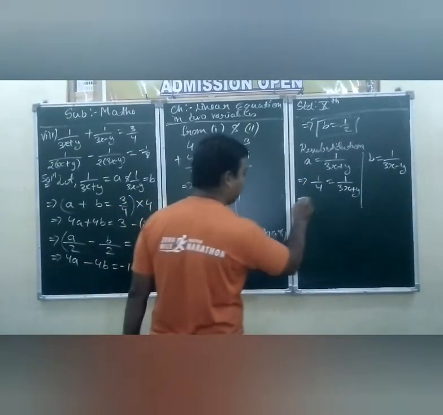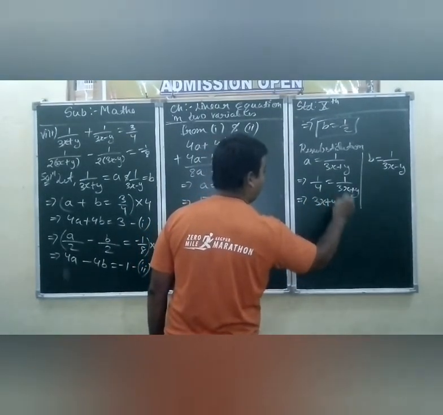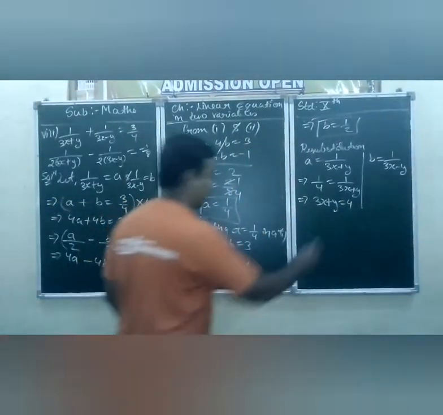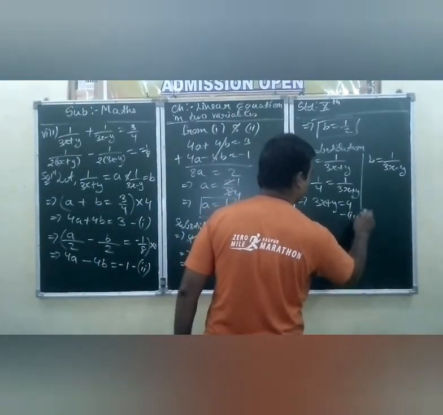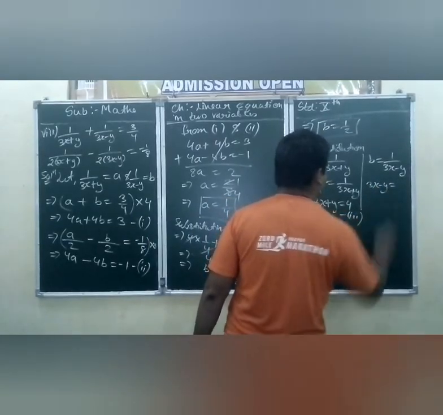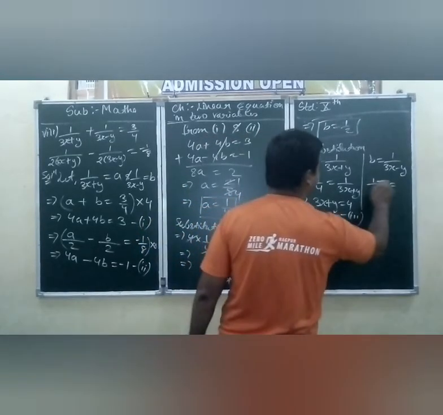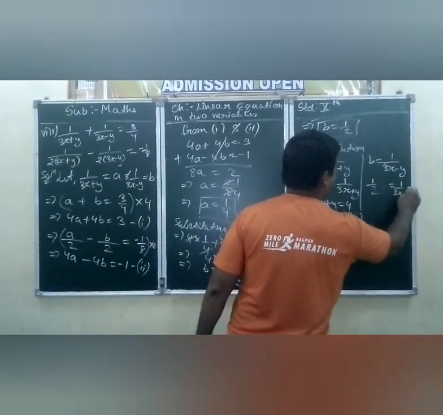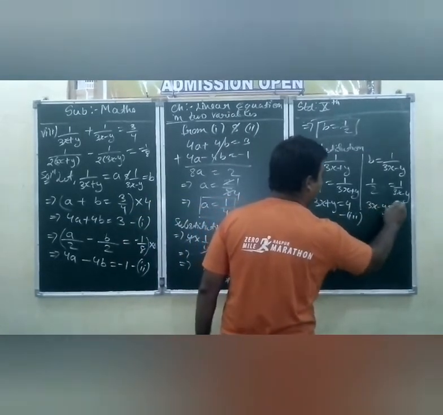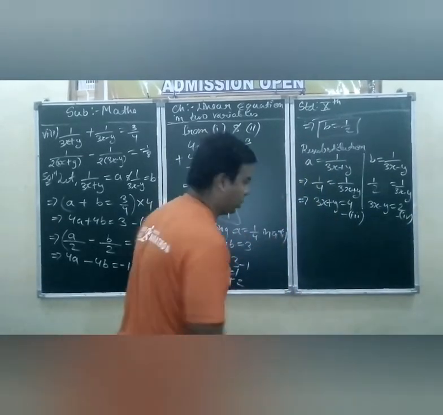Cross multiplication: 3x plus y is equal to 4. This is equation third. Again cross multiply: b value is 1 by 2, so 1 by 3x minus y equals 1 by 2, and 3x minus y is equal to 2. This is equation fourth.